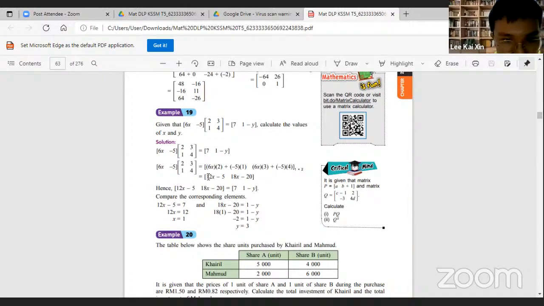You get something like that. They tell you it has been simplified, so you take this one equals to this one, and we can calculate x and y.